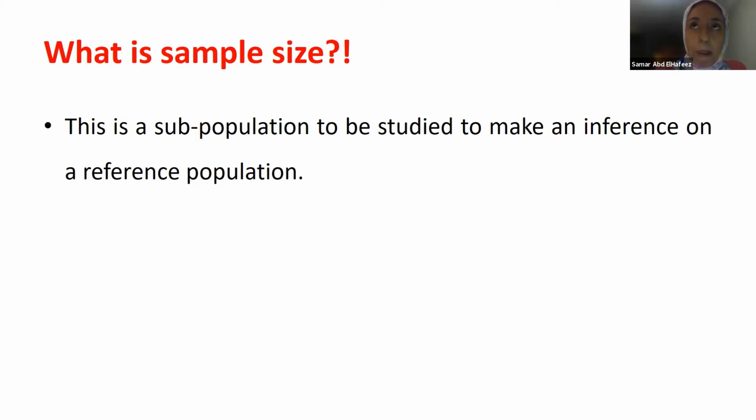And then this prevalence calculated from my study population will give an idea on the prevalence of COVID-19 among the Egyptian population. So the target population is all the Egyptian population, while my study population is the subsample from the target population I'm doing my study on. Is it clear?